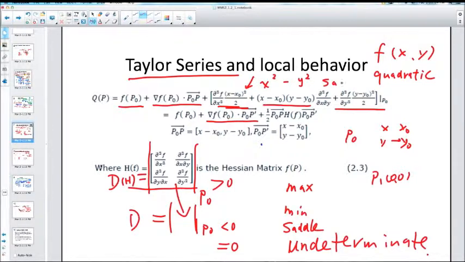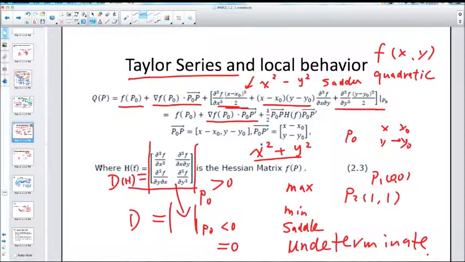That's a saddle point, because this is 0. And for the second point P2, 1 and 1, the behavior of this second quadratic term is more or less like x squared plus y squared. And what you get is a minimum.